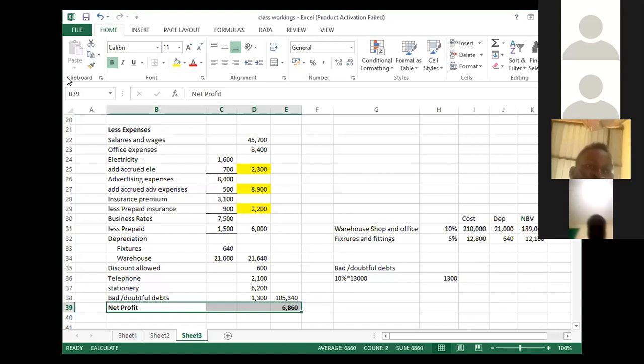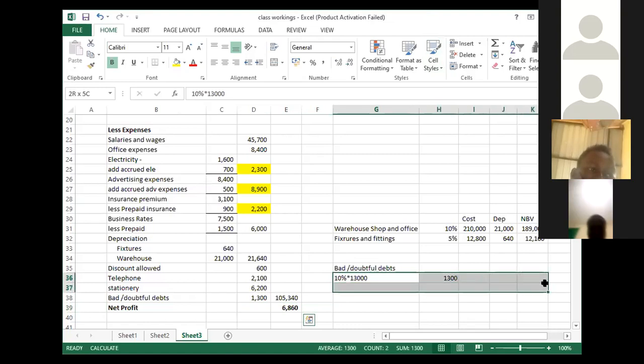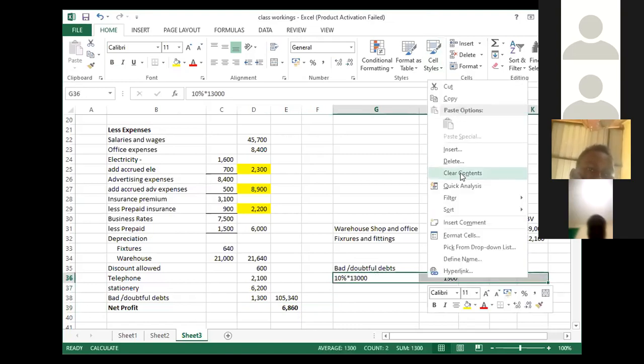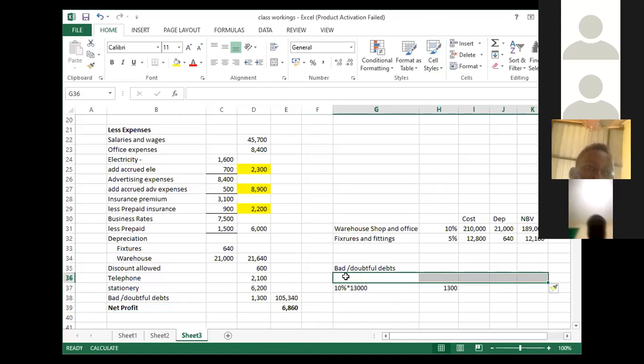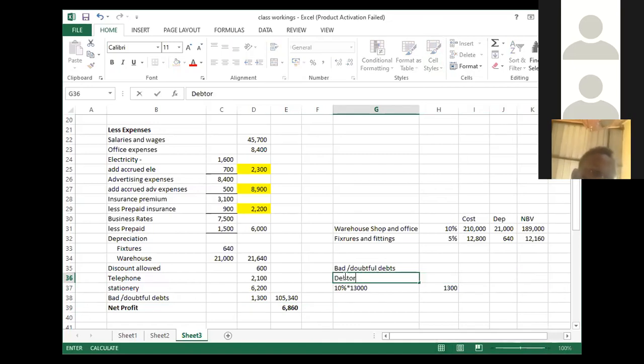Now, before we proceed, something that I've forgotten: when you are creating bad debts, let me show you something. We start by saying they are debtors, right?